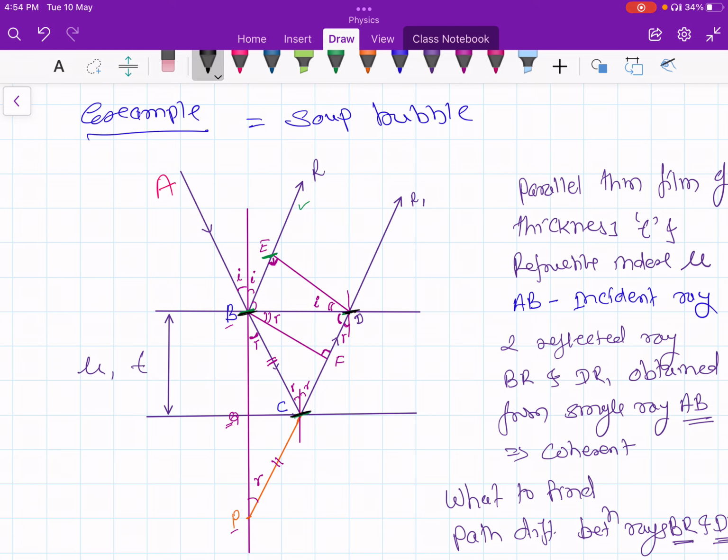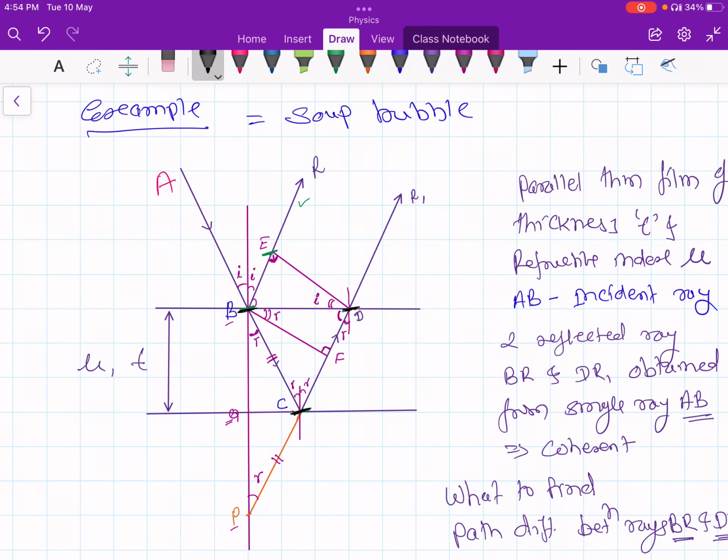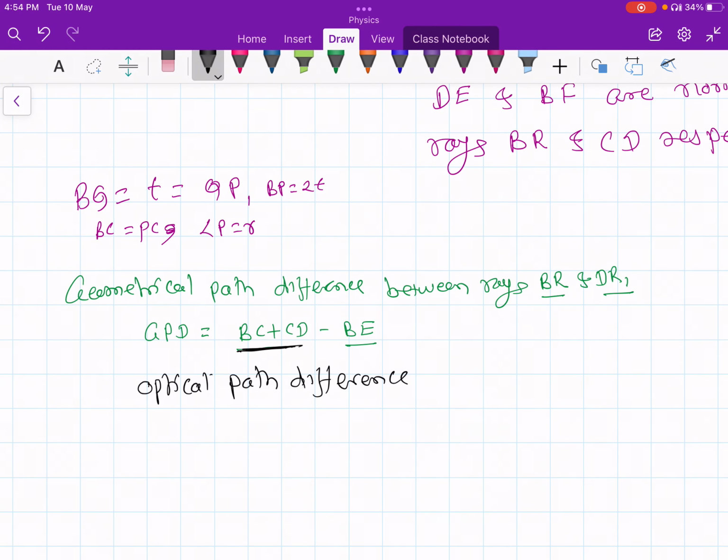This BC and CD is the path traveled by the ray in the film whose thickness is T. Therefore, the optical path difference delta is equal to mu times (BC plus CD) minus BE, which is the path traveled by the reflected ray BR in the air.